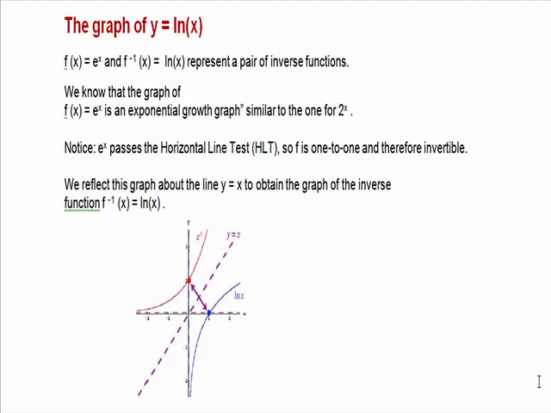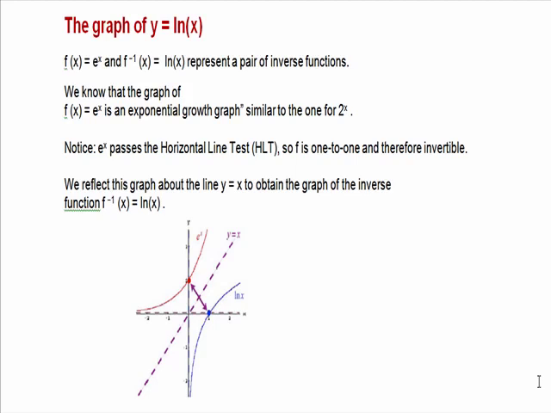If we reflect the graph of e to the x over the line y equals x, what happens is we obtain the graph of the inverse function, and we obtain the graph of natural log x. So notice e to the x is an exponential growth function, horizontal asymptote at y equals 0, passes through the point (0, 1).